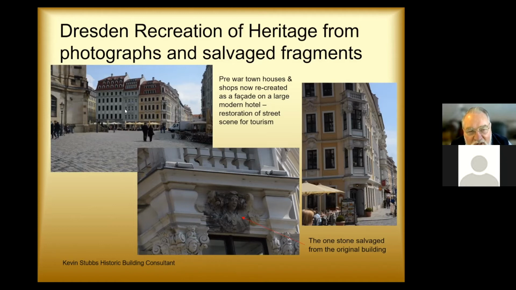The exterior still looks like it did prior to the war. And occasionally they found fragments that had been salvaged from the original building. So the whole of this facade has one piece of original stone, which you can see there.